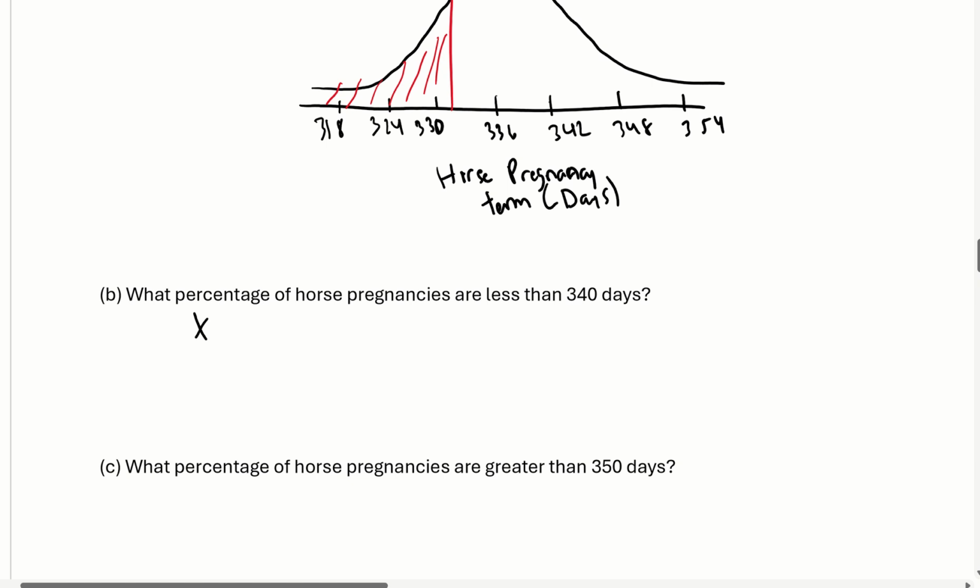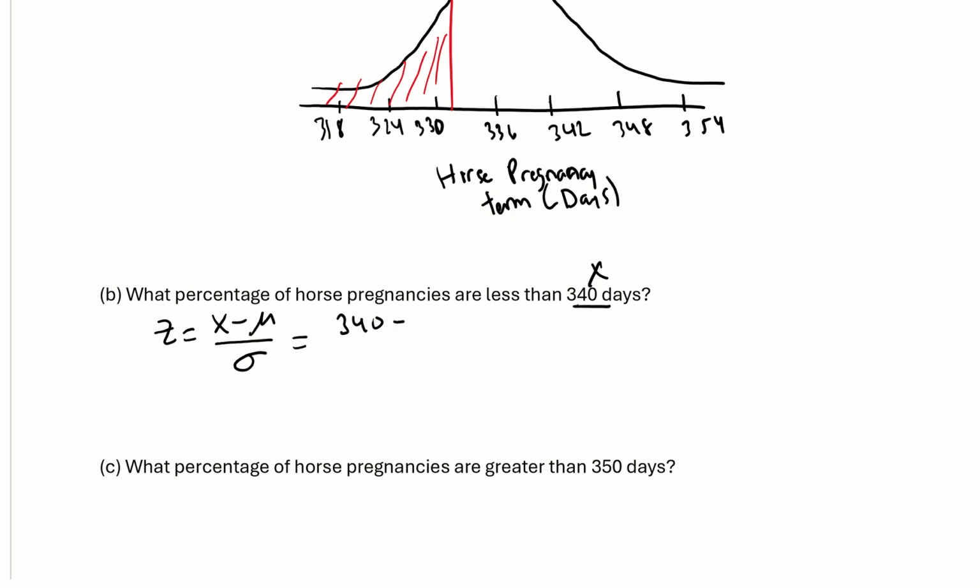So z is equal to x minus mu divided by sigma, right? The x is 340, the mu is 336, and the sigma was 6, right? So we're going to calculate the z-score. The z-score is about 0.67.